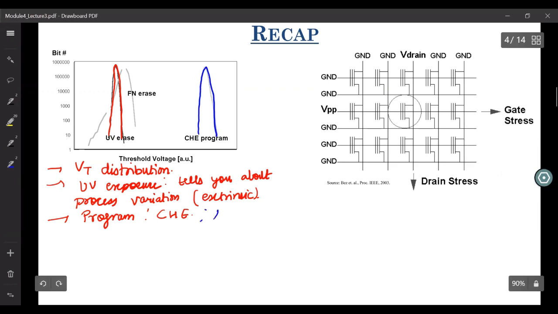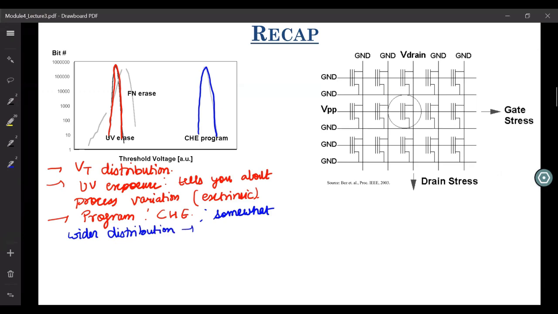Why is it wider? Because different cells have different parameters, different channel lengths, different oxide thickness, and different things. So if you apply the same drain voltage, the amount of electric field that they experience will be different. As such, they'll show different levels of hot electron production. Because of this, you'll have different charges being injected into your floating gate, which leads to different threshold voltages.